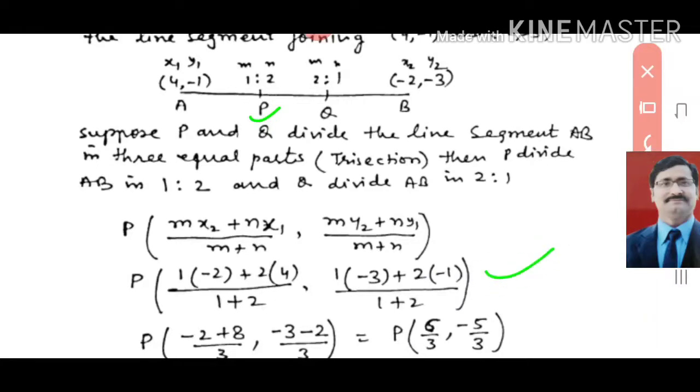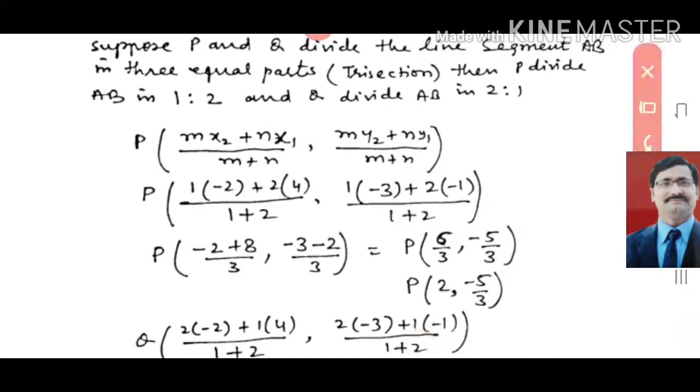You will get P as (1 into -2 plus 2 into 4) upon (1 plus 2), and second coordinate (1 into -3 plus 2 into -1) upon (2 plus 1). Solving, P is (-2 plus 8) upon 3 and (-3 minus 2) upon 3, that is 6 upon 3 and -5 upon 3. 6 and 3 we can cancel, so coordinate of P is (2, -5/3).